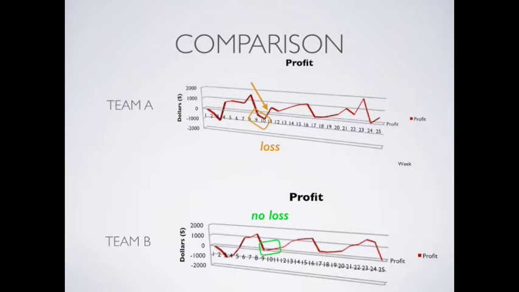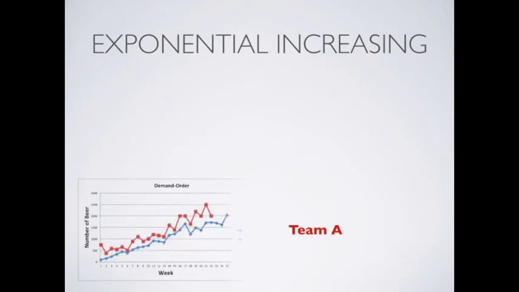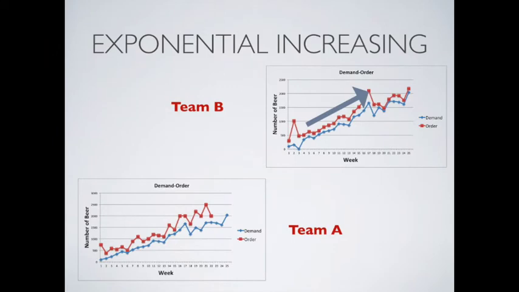But overall, the team also catered for trend and seasonality factors, but they could not remove the noise factor as well as the software did. Seeing the demand and order charts, we find that the orders of Team B have a very similar trend to the demand, while Team A had more variations in order numbers. In many weeks, the deviation of order from demand is pretty large, causing big inventory cost.